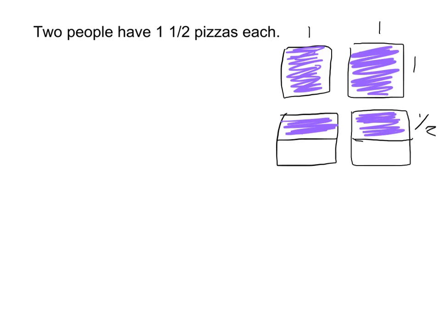In this situation, we have two people, and they each have 1.5 pizzas, represented by the purple shading. And we want to show an area model again of the total amount of pizza that we have. So we're going to squish these all together into one picture.